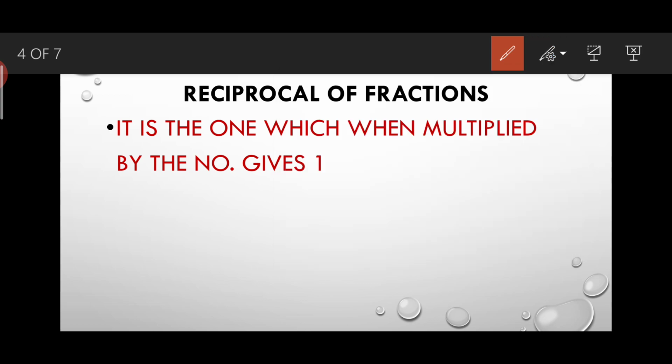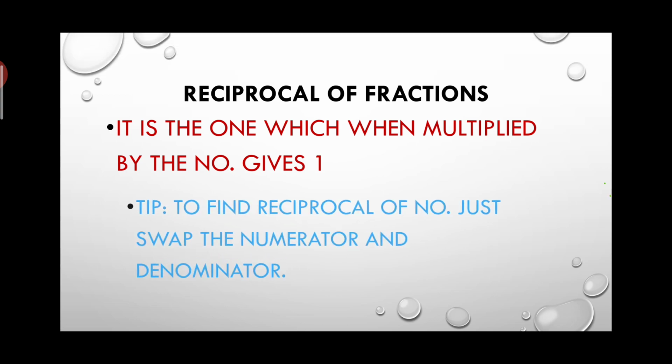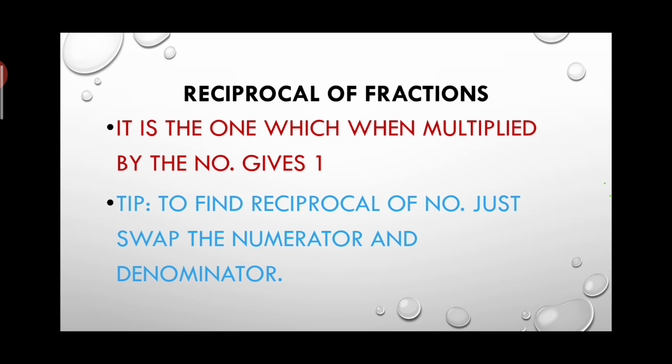Now there is a tip for your understanding, for your remembering, that is, the tip is to find the reciprocal of any number, you just have to swap the numerator and denominator. For example, let us see, if you have a number 3, what should be multiplied by 3 so as to get the result 1?